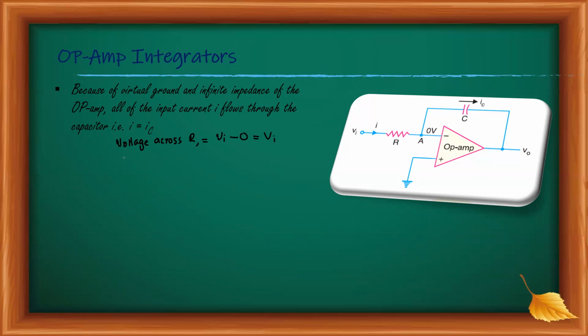Then the current through the resistor R, let it be I, is equal to voltage divided by resistance. Then I is equal to Vi divided by R. Next, we have to find the value of IC.